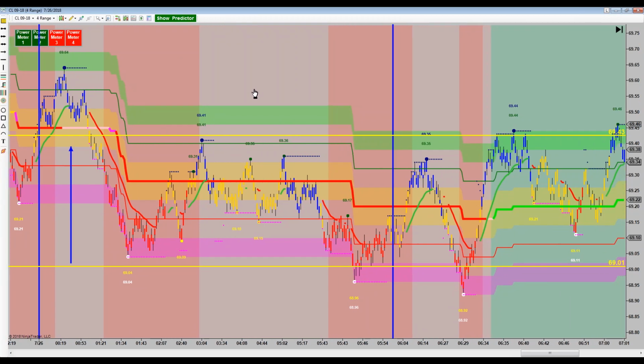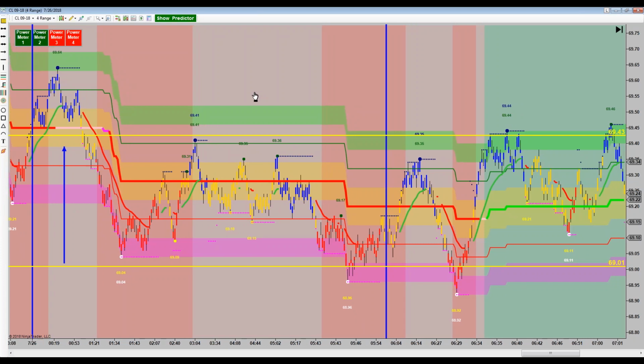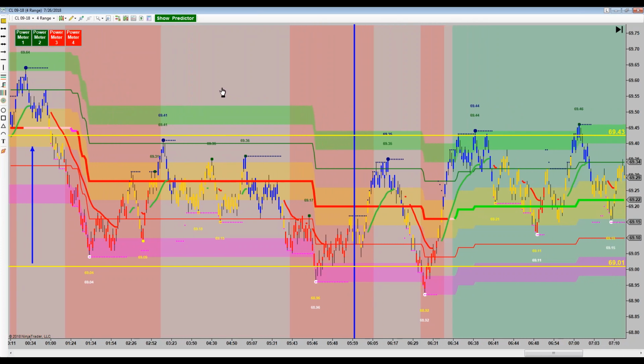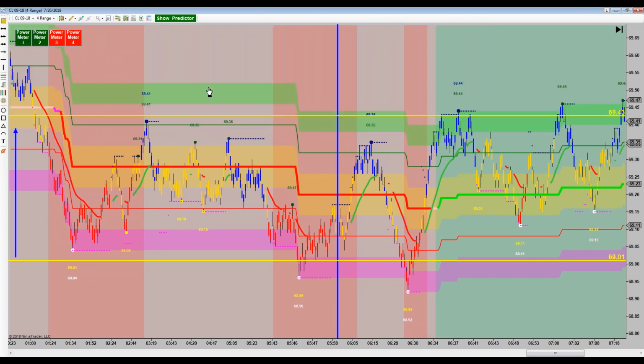There's 7 o'clock, 1 hour pit open. I haven't talked about how to trade it yet. We'll circle back and talk about how to trade it. That's a separate subject. What we're trying to do right now is identify whether we are remaining.